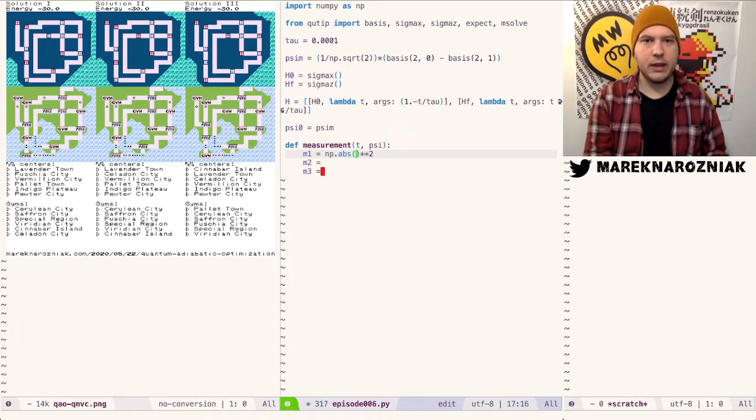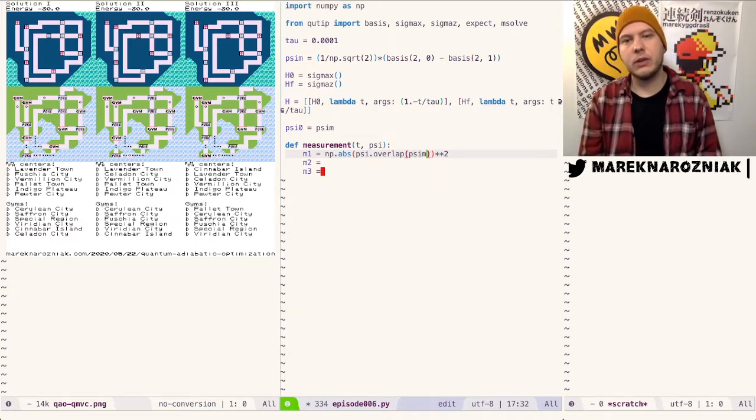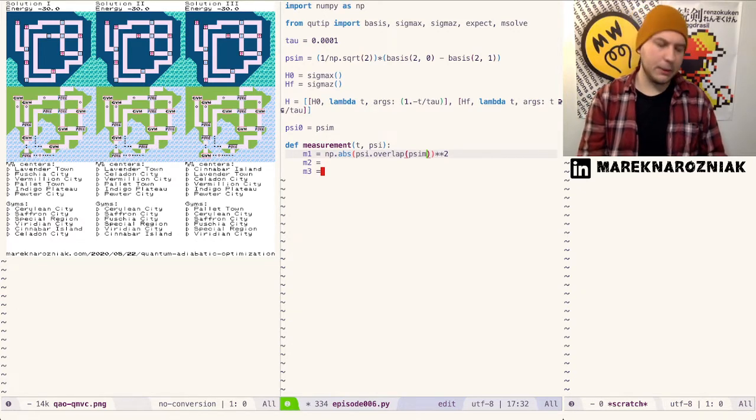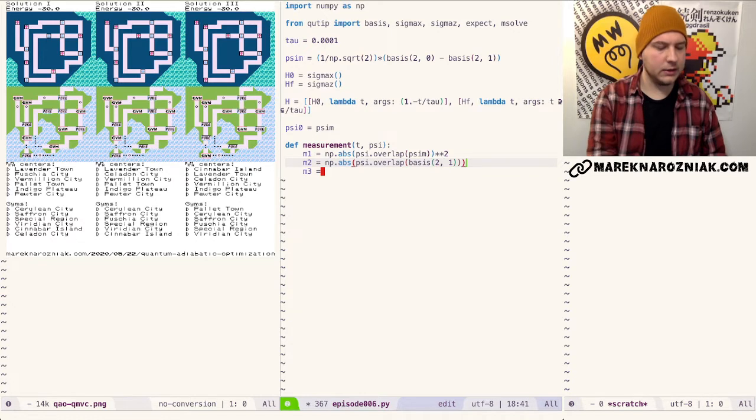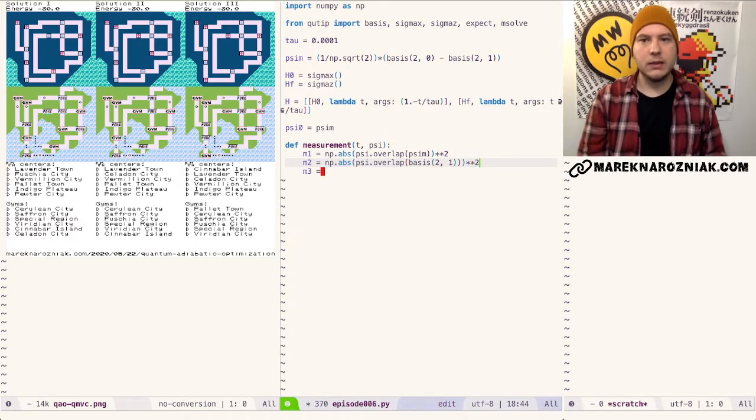So psi overlap with psi minus, which measures how much of psi minus is in psi. And we repeat the same for the 1 state. Let's measure how much 1 is in whatever we are having here. Overlap with basis two-level state 1, right? Is that okay? I guess it's okay. This one is tricky. This one is the energy.